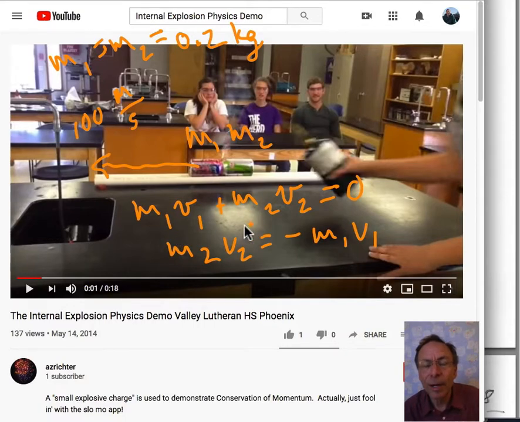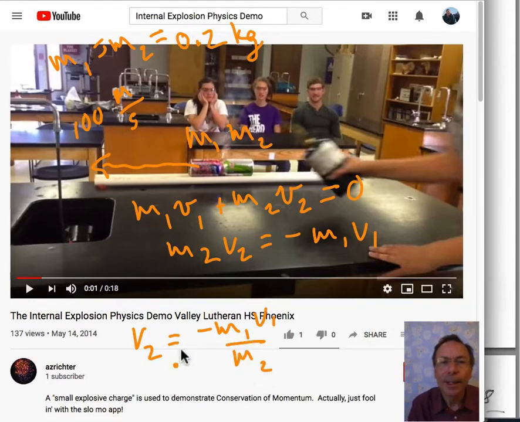Then I divide both sides by m2, and we get v2 is equal to negative m1 v1 over m2. I didn't think we would need the masses, because mass 1 equals mass 2, so they cancel.